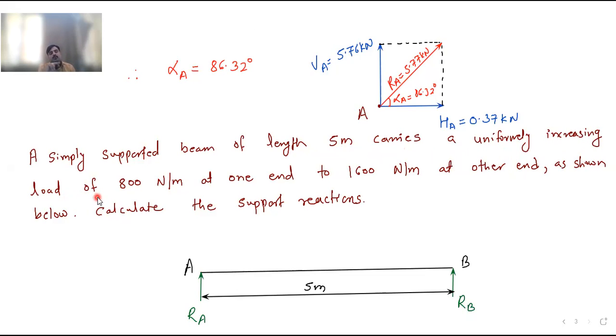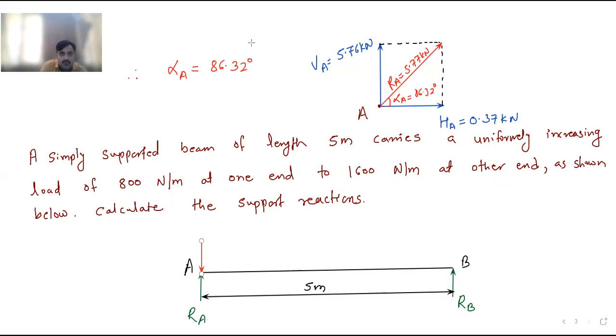Now here you can see uniformly increasing load. Uniformly increasing load means it is increasing from 800 Newton per meter at one end to 1600 Newton per meter at the other end. So this is the uniformly varying load, and I will draw this load. First of all, the load is acting like this.